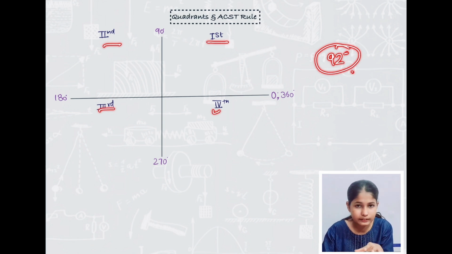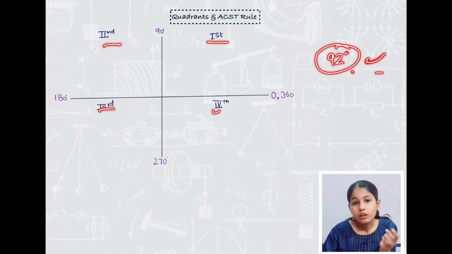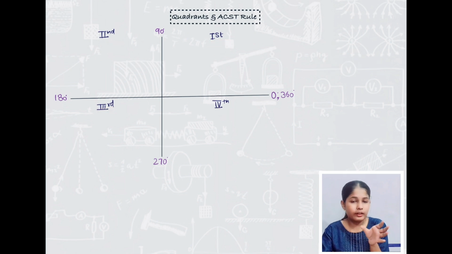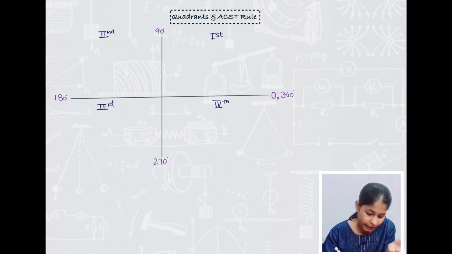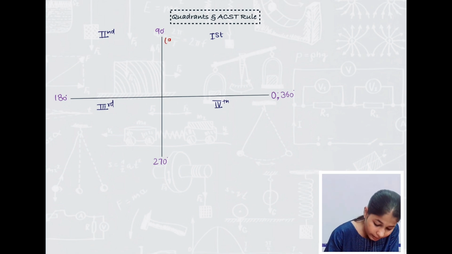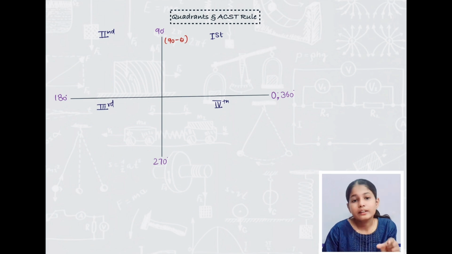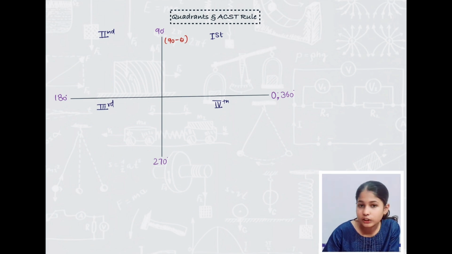I am just asking how you will determine which angle will lie in which quadrant. For determining this we have a rule: if the angle is bigger than 0 degree and less than 90 degree, then that theta will lie in the first quadrant.